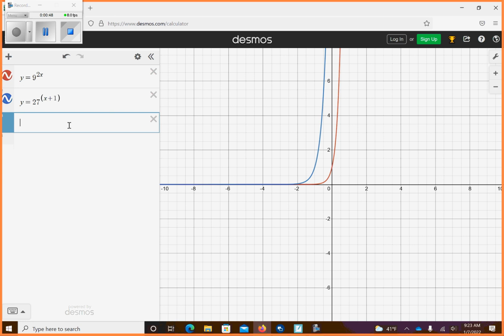Okay, so another way that you might be able to trick these into working on Desmos is if I have 9 raised to the 2x, and if I just type in the equation as it sits, equals 27 raised to the x plus 1.